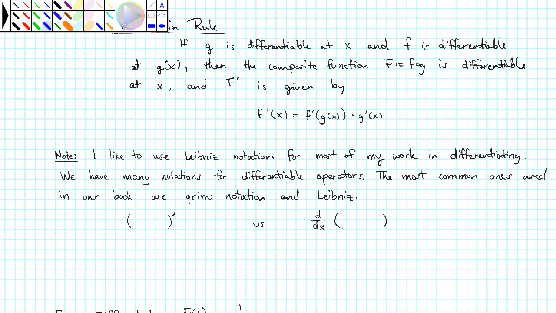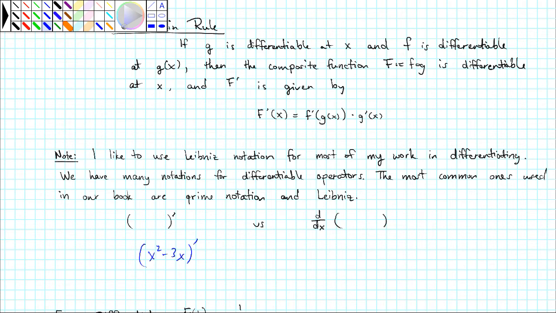For one thing, the prime notation has a tendency to get lost, like when you write (x squared minus 3x) prime. Sometimes you don't notice it, or you accidentally interpret it as a 1 or some other mark. But this d/dx is prominent, you're not going to miss it.